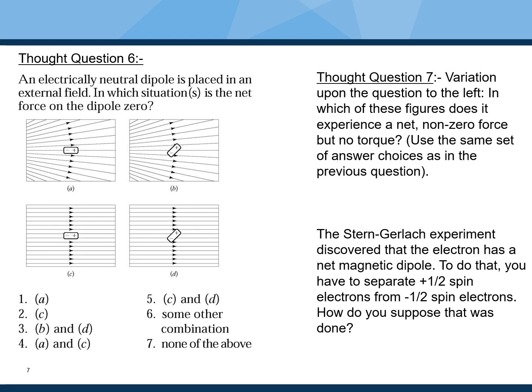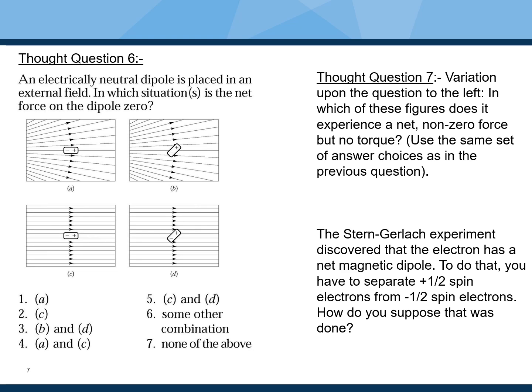Now, in this situation, we're told that the electric field is either uniform or not uniform, depending on the situation. The upper two panels show the dipole placed in a non-uniform electric field.